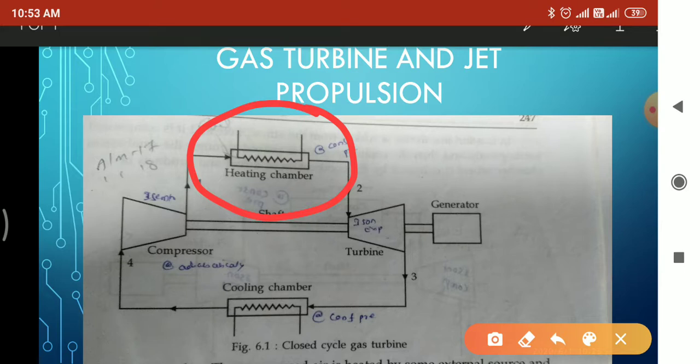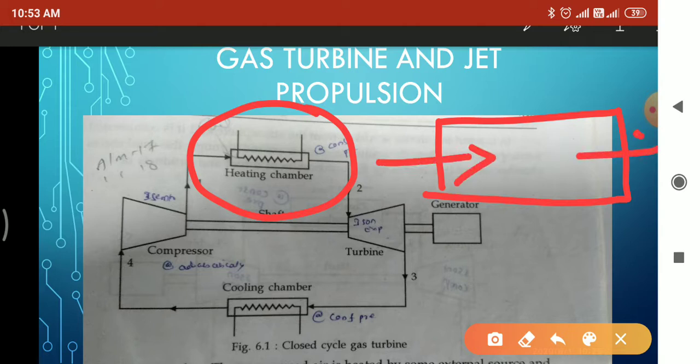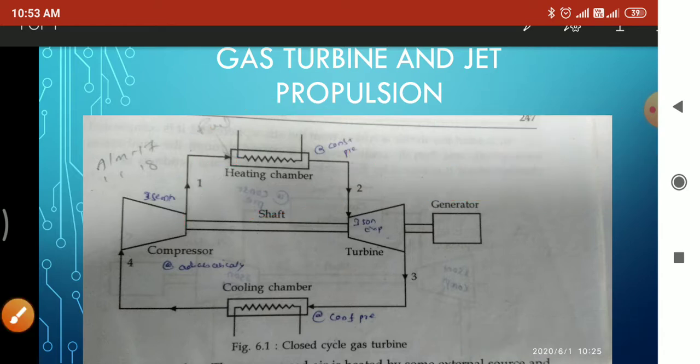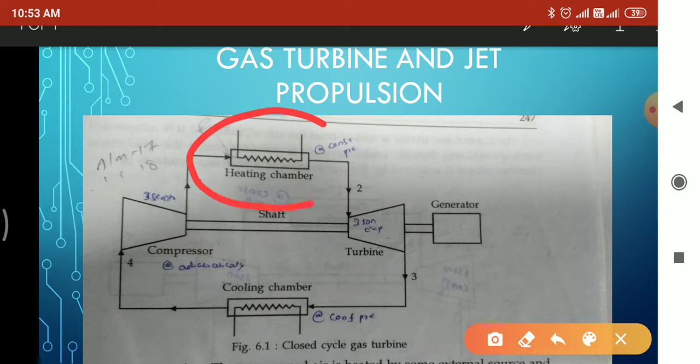See, if there is a combustion heating chamber, the hot gas flows through the pipe in this chamber, and there is no direct contact of the combustion products, meaning the hot air, and this compressed air. That is called a heating chamber. There is no direct contact of this compressed gas and the heating media. That is called a heating chamber.